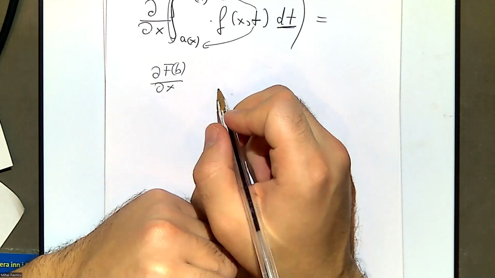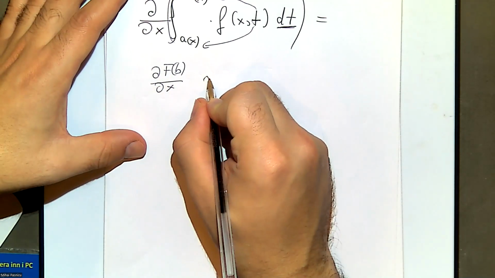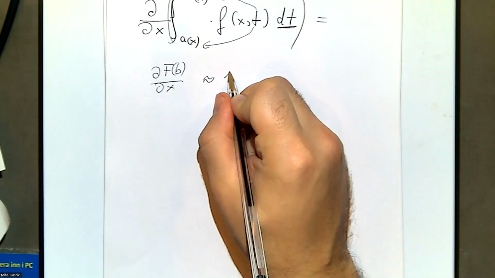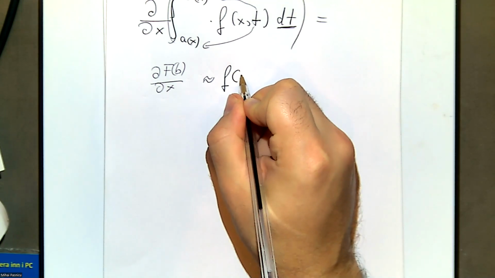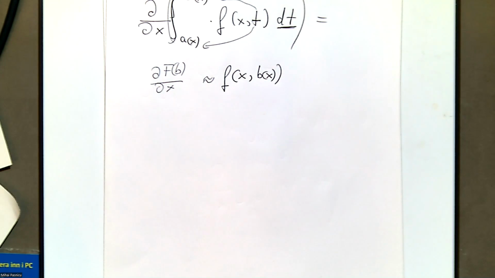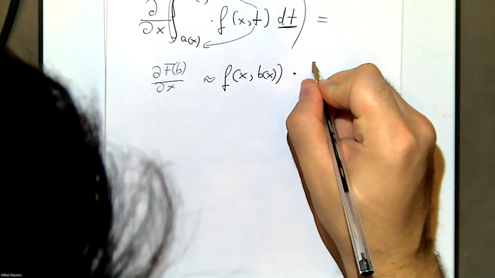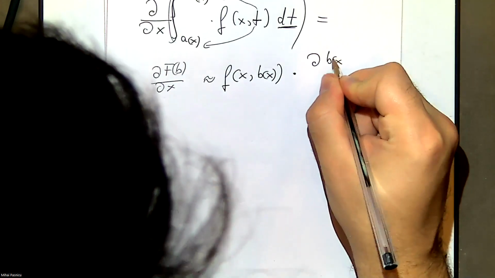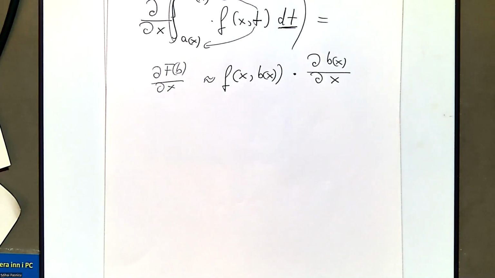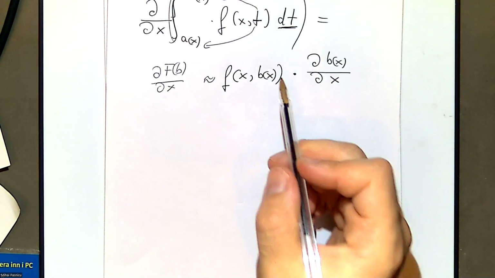Well, it happens that the formula is not that far off. In my head, I approximate this with f of x, and instead of t, I put b of x, times the derivative of b of x with respect to x. So I know it doesn't look like much, but I'm basically just plugging in b of x.